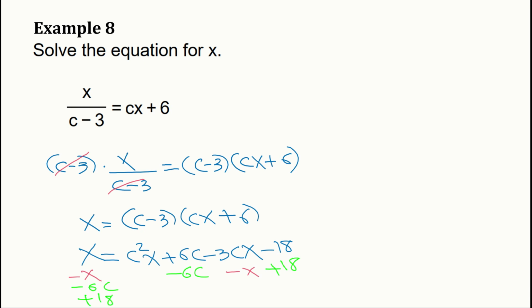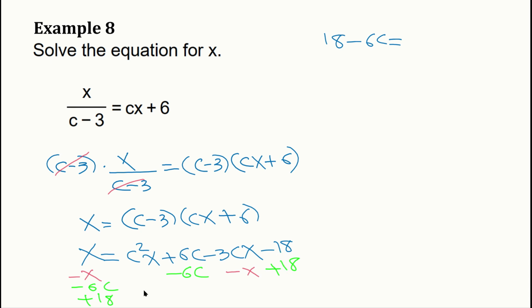Okay, so now we carefully see what we have on each side. On the left side, the x's will cancel, so we get 18 minus 6c. On the right side, those cancel out, and so do those, right?